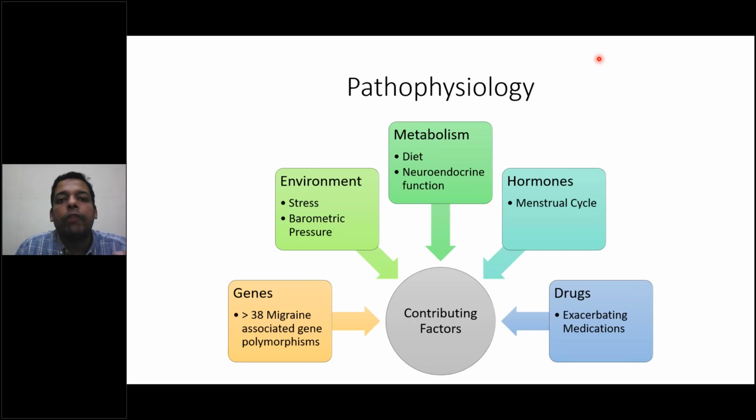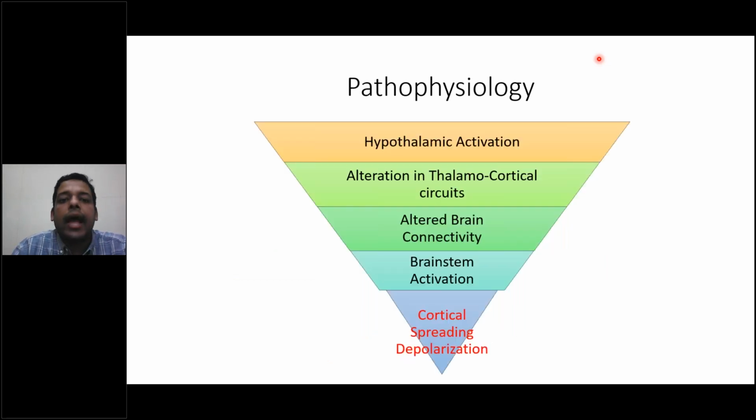In the presence of these risk factors, contributing factors, or triggers, there is hypothalamic activation. And this hypothalamic activation then leads to an alteration in the thalamocortical circuits.